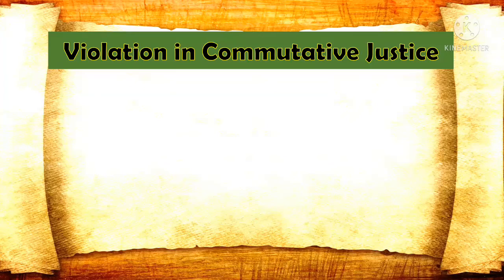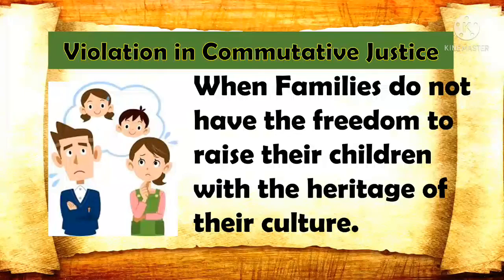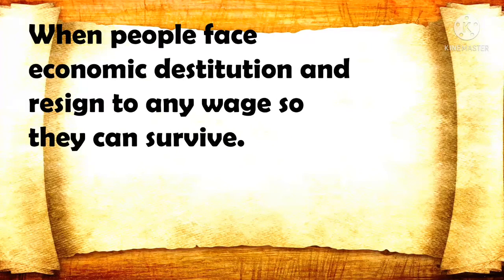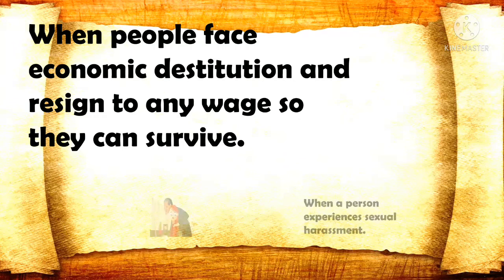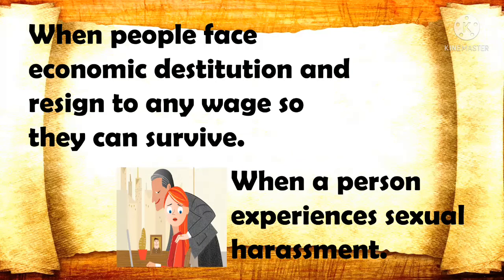Other examples of violation of commutative justice: when families do not have the freedom to raise their children with the heritage of their culture; when people face economic destitution and resign to any wage so they can survive; when a person experiences sexual harassment.